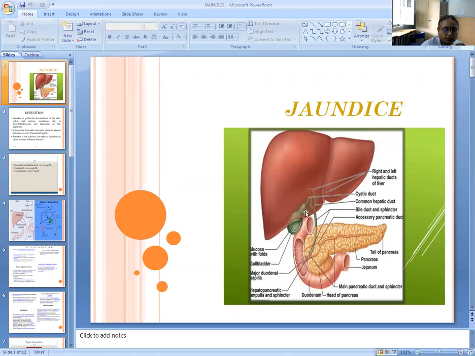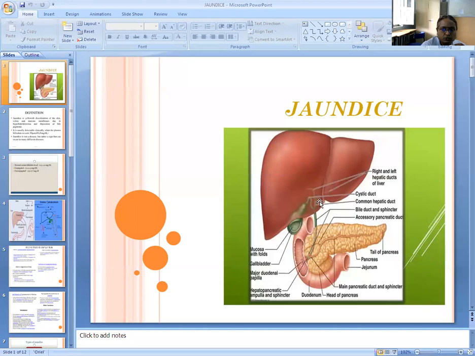Then this is your gallbladder. This is the biliary system: gallbladder, cystic duct, bile duct, common bile duct, and pancreatic duct, which open into the ampulla of Vater here in the duodenum, the second part of the duodenum. This is your pancreas. So these are the right and left lobes. This is the cystic duct.